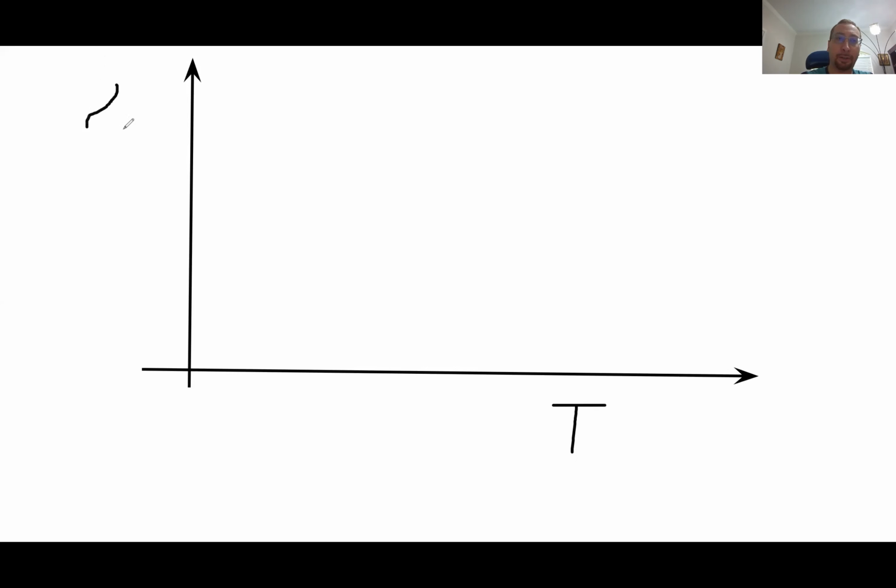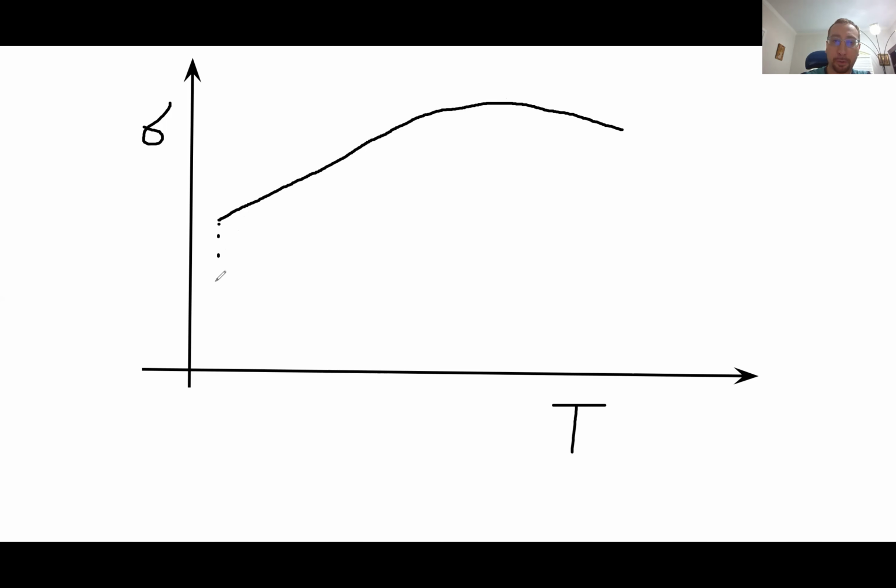Now, before we understand randomization, let me give you another curve that I would call the ideal experiment. Based on an ideal experiment, I know that the strength varies like that with temperature.